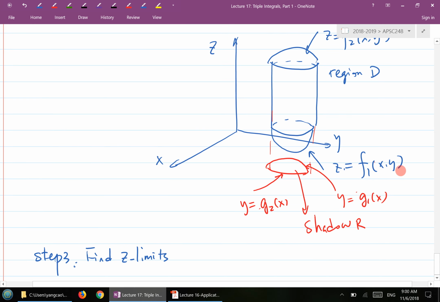To find the z limits, here's what you do. Pick a point anywhere inside the shadow R, then sketch an arrow line upward in the positive z-axis direction.